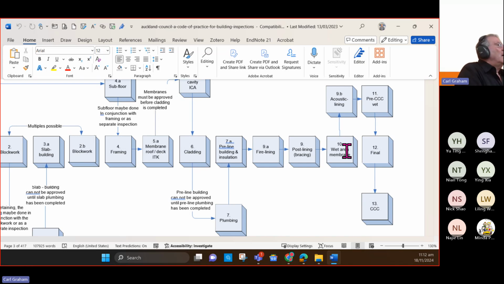So quite often you go to a building site, do the final, and the customer wants to move in tomorrow. How the heck do I know what waterproofing product you used without ripping up all the tiles? Oh, I don't know. And more often than not, it's not the builder you're talking to, it's the owner, and they're like, oh, I don't know. And I said, there's nothing on here that says you've had a waterproofing inspection.